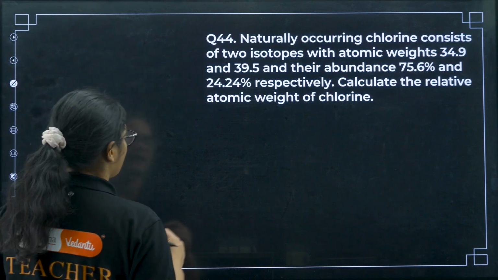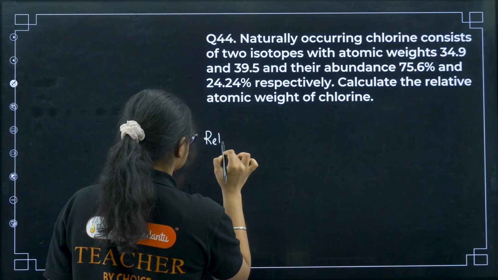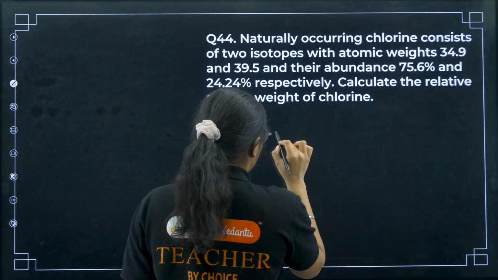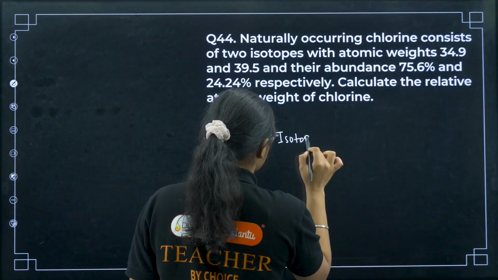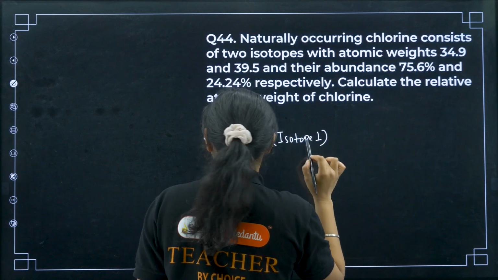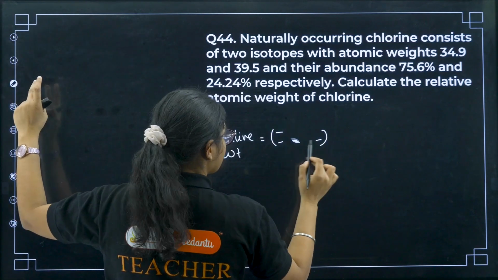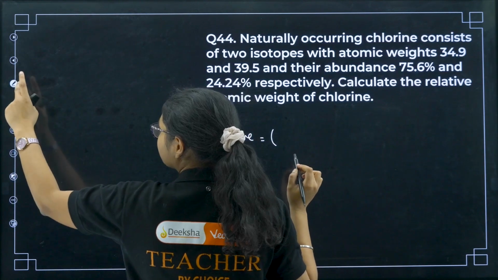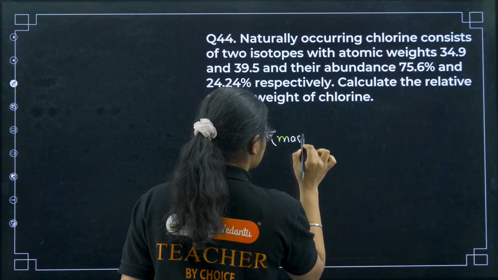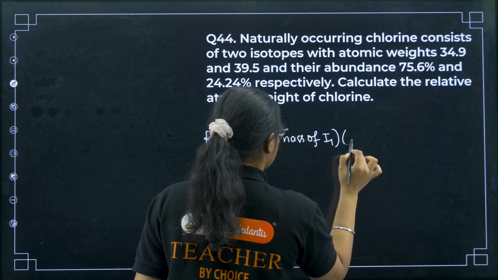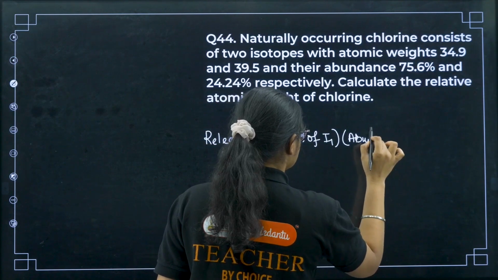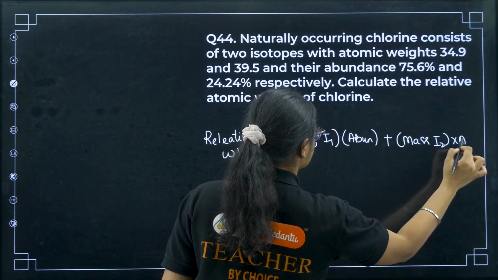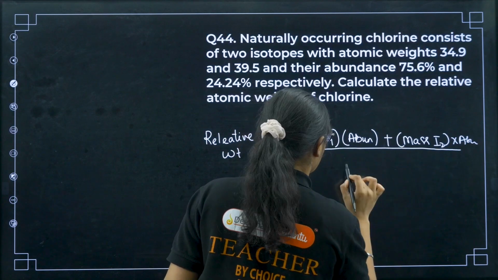So this is very simple. We have this formula: relative atomic weight is equal to mass of isotope 1 into its abundance, plus mass of isotope 2 into its abundance, divided by 100.